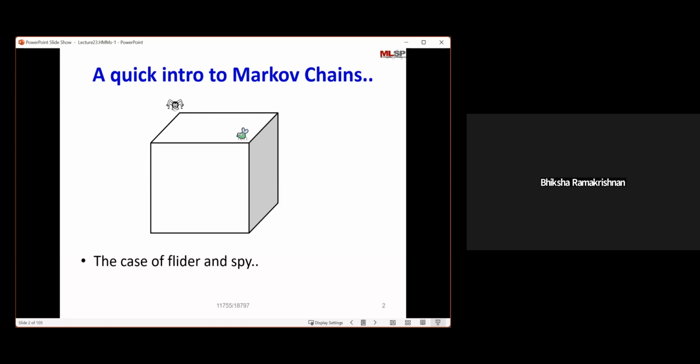Has anybody encountered this question, and how would you go about solving it? Anyone? Yeah, so we would need to calculate the expected number of steps it would take for the spider to reach the fly. And how would you do that? We could recursively look at the expected number at the adjacent steps and add one to that.